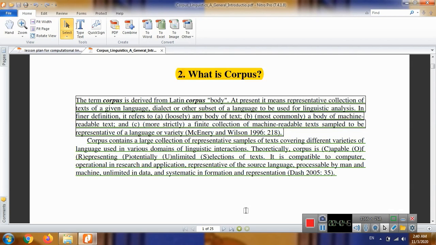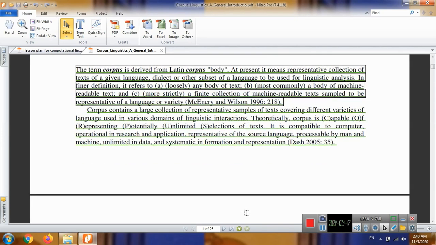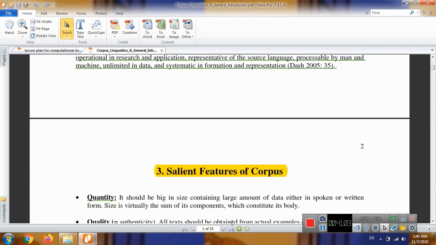It is compatible to computer operation in research and application, representative of a source language, processable by man and machine, unlimited in data, and systematic in information and representation. These features belong to the definition of corpus.